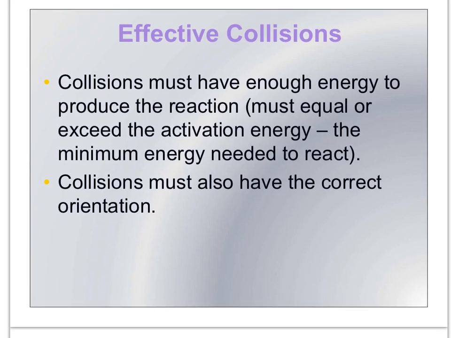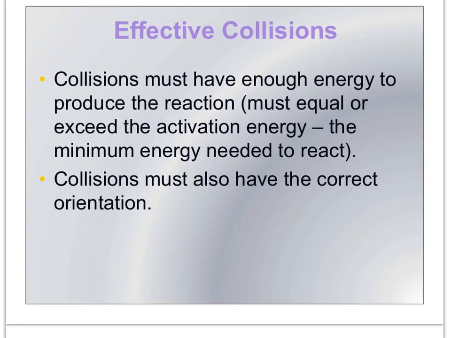So if you look at the next slide here, collisions must have two things in order for them to be considered effective collisions. Effective collisions are the ones that actually produce a chemical reaction, not all collisions. And so, again, the particles must have enough energy to produce a reaction.